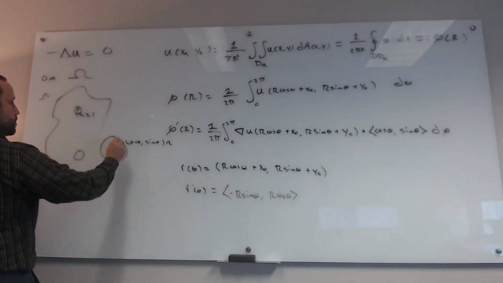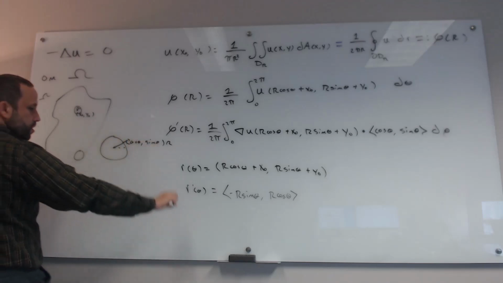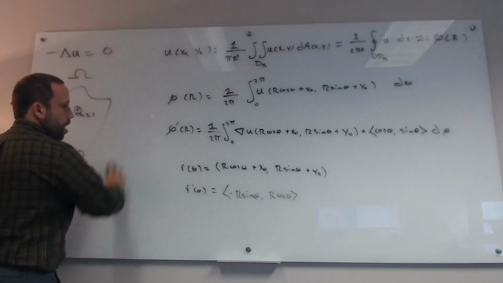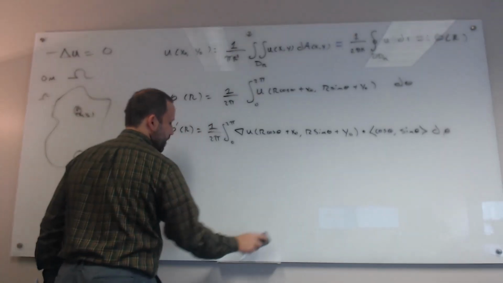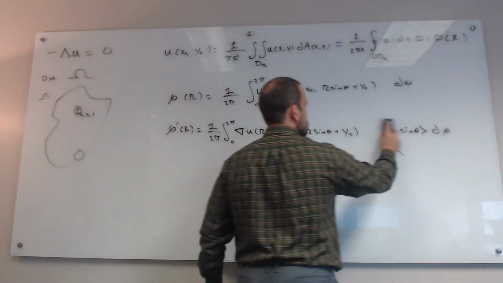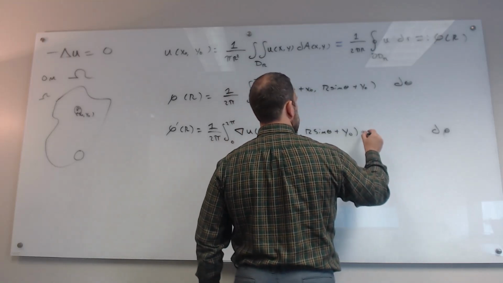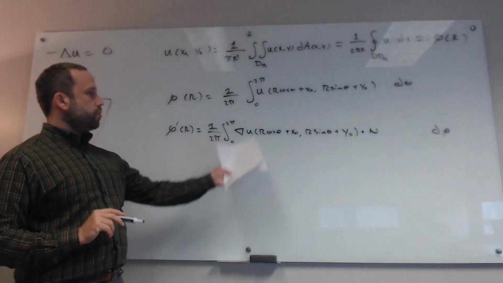And then the normal vector there is just going to be the unit version of this vector, which is cosine theta sine theta. Okay, so that vector cosine theta sine theta is the normal vector. So we're dotting with the normal vector. So we've got the gradient of u dotted with the normal vector.